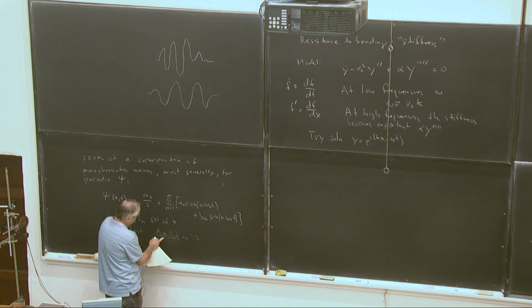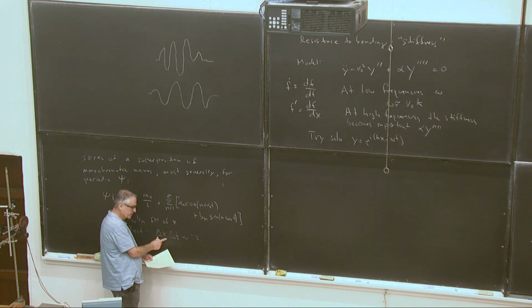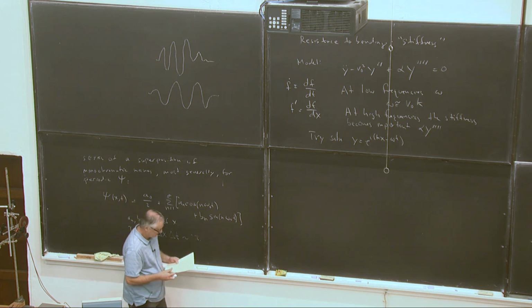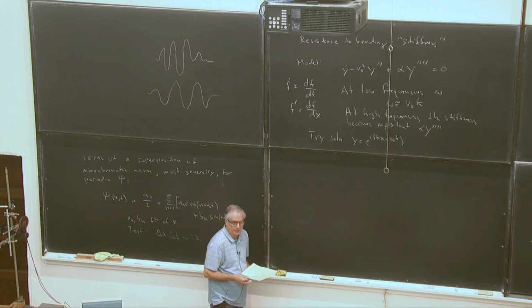It's basically telling you that the sharper it is in time, the wider it is in position. Or the sharper it is in position, the wider it is in time. That's the basic idea of what the bandwidth theorem is telling you.